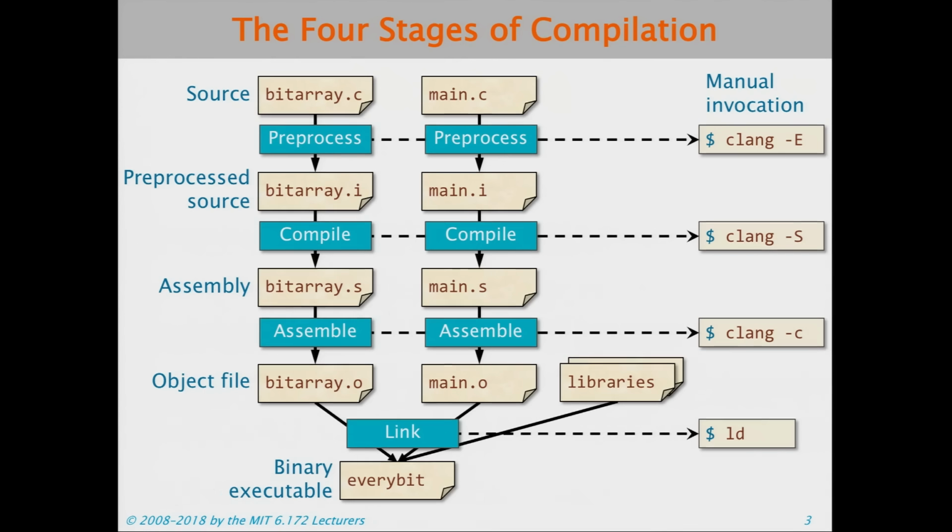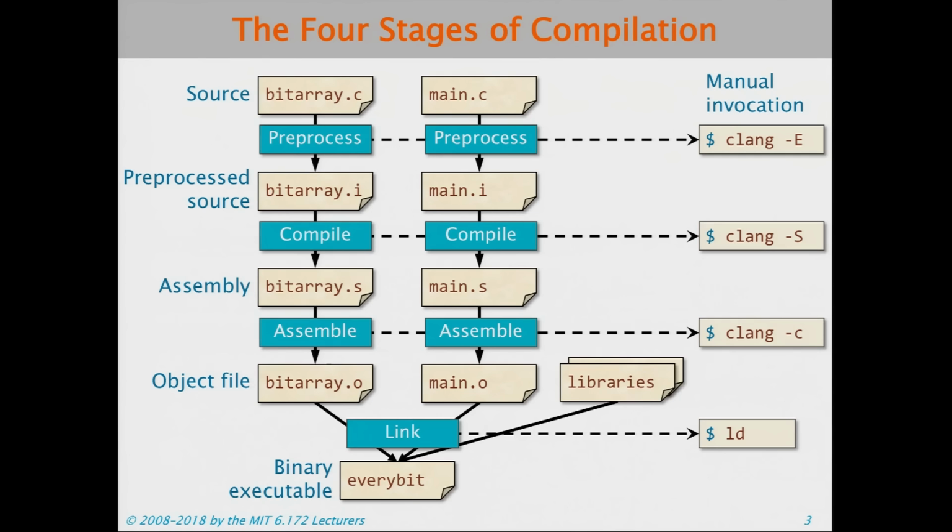The first thing is the pre-process stage, and you can invoke that with Clang manually. So if you do Clang -E, that will run the preprocessor and nothing else. You can take a look at the output there and see how all your macros got expanded and such, before the compilation actually goes through.